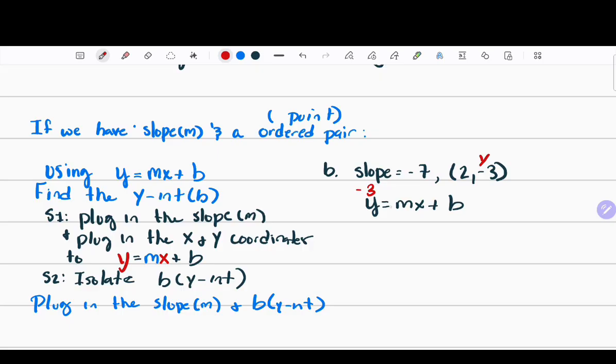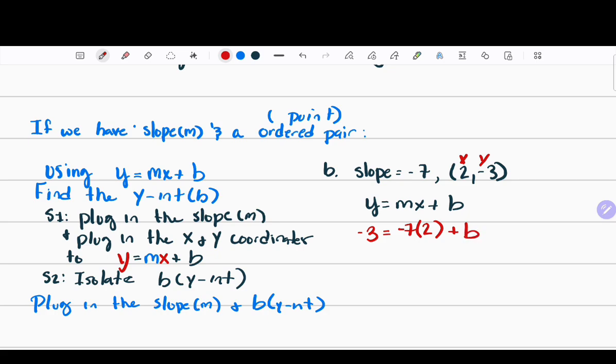So -3 equals, what's our slope? -7, because that's our m. What's our x? Our x coordinate is 2. So -7 and a 2 looks like 72, so put that in parentheses so you know that's -7 times 2, and we say plus b.